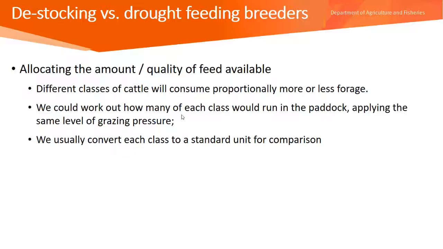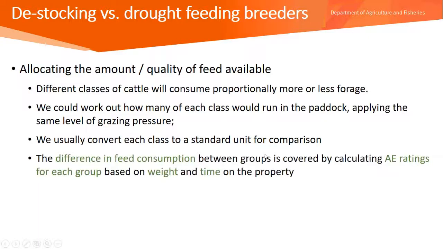So it's all about the need to compare them using the same level of grazing pressure. If you run more cattle and abuse the grazing pressure rule, you will upset the economics. So it's got to be a standard grazing pressure, a standard unit of comparison.